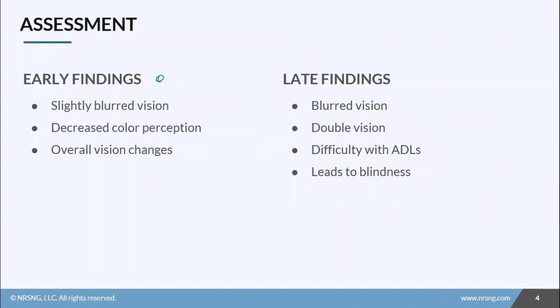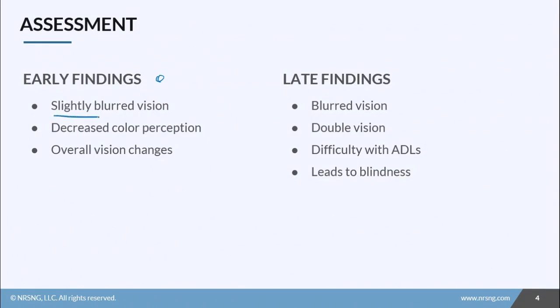Since the loss of vision is so gradual, the patient might not realize their vision is changing so drastically until driving or reading is affected. When we're looking at the pupil, it will appear white due to the opacity of the cataract. Just to review, in the early findings the patient is going to have slightly blurred vision.